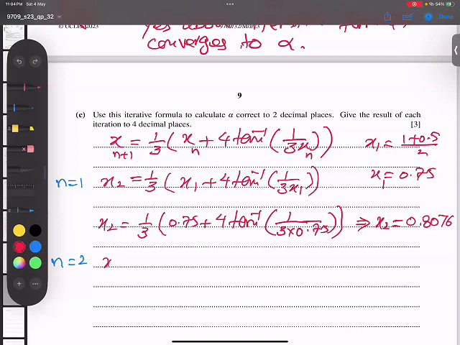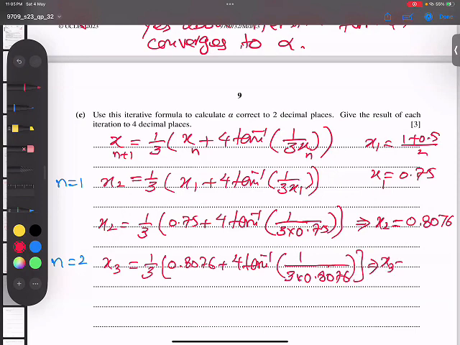Now, student, I will plug in n equals 2. So I will get what? x3, 1 over 3. And this value, which I got as x2, will come here and here. So I'm putting directly 0.8076 plus 4 times tan inverse and 1 over 3 times 0.8076.